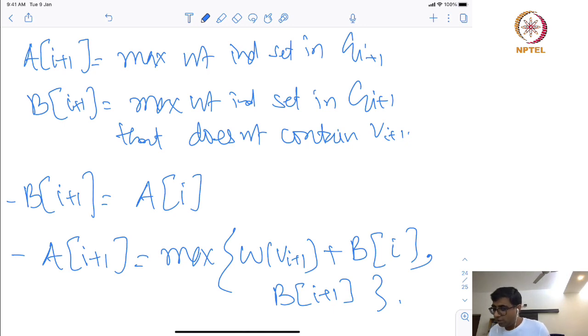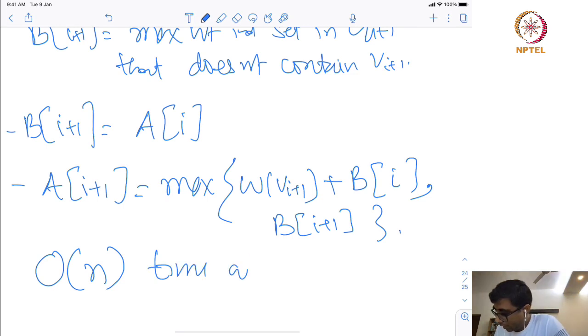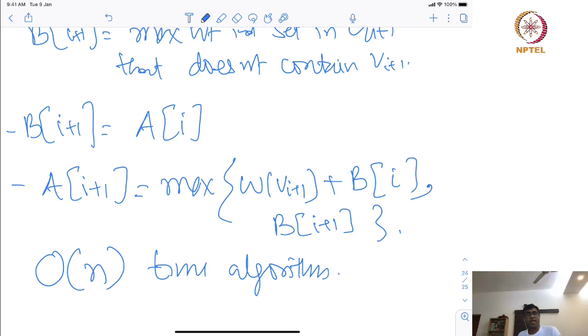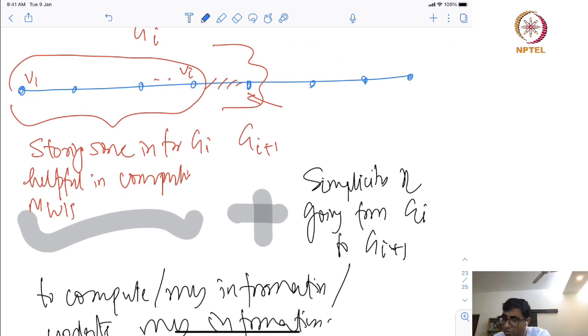And now, notice this is a linear time algorithm. We are just maintaining two cells, going from left to right, and you are able to construct such objects. Okay. Let us ask ourselves, can we do the same thing for trees? Because here there was a path, there was a notion of left to right, and we were able to exploit that.